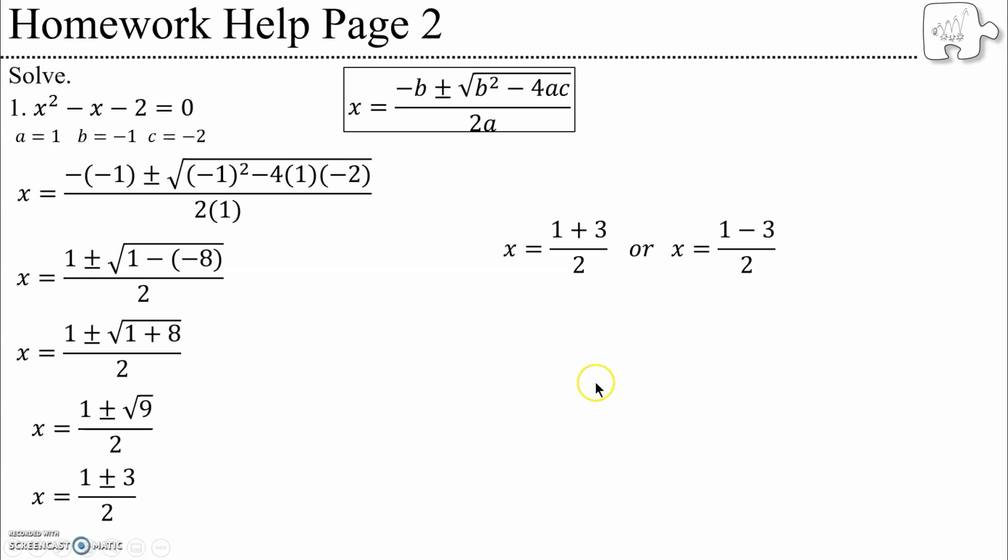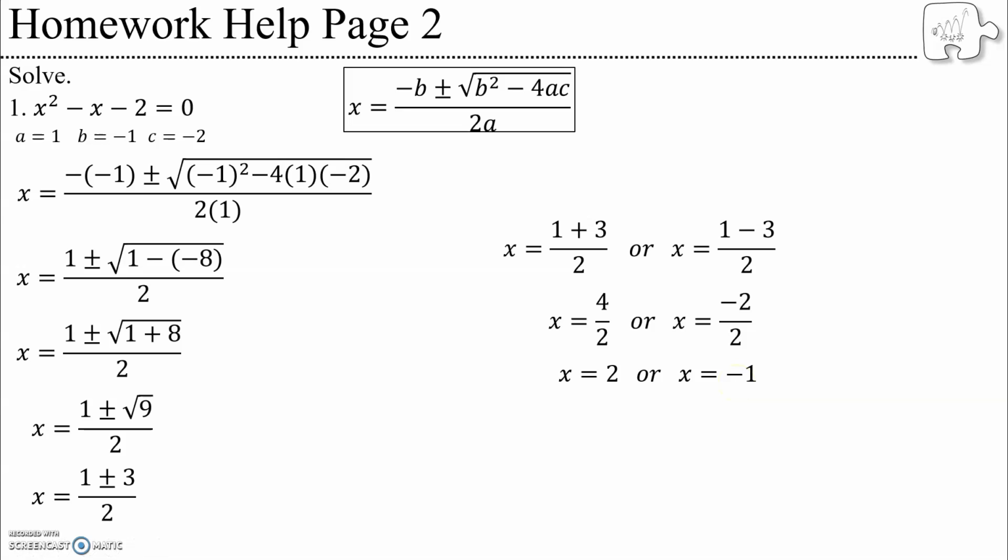Right, two problems. X equals 1 plus 3 over 2 or x equals 1 minus 3 over 2. Well, 1 plus 3 is 4 and 1 minus 3 is negative 2. So we have x equals 4 halves, or x equals negative 2 halves, right? 4 halves is the same thing as 2, and negative 2 halves is the same thing as negative 1.